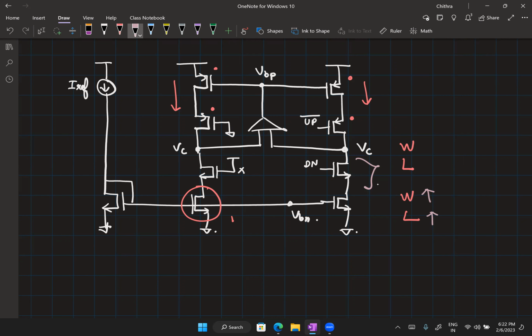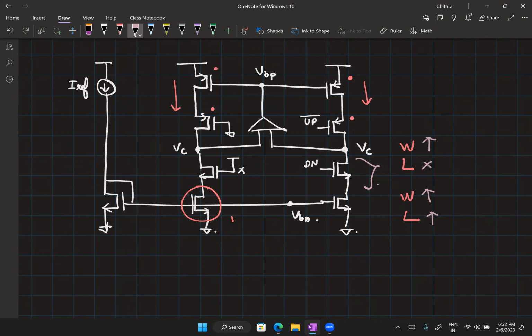The other way is to think about it in terms of the effective on resistance. You increase the length, the effective on resistance is also going to increase, right? So increasing the length is generally not preferred, but you can increase the width. It is going to reduce the drop across the switch, and you can take care of mismatches.